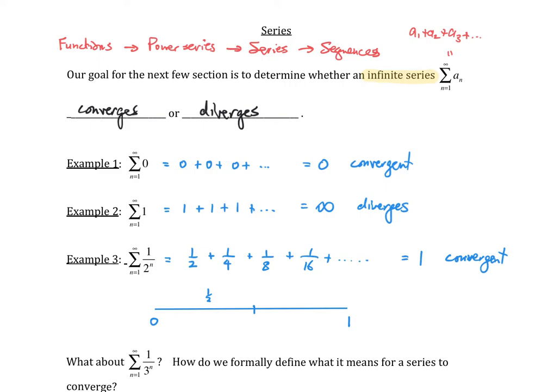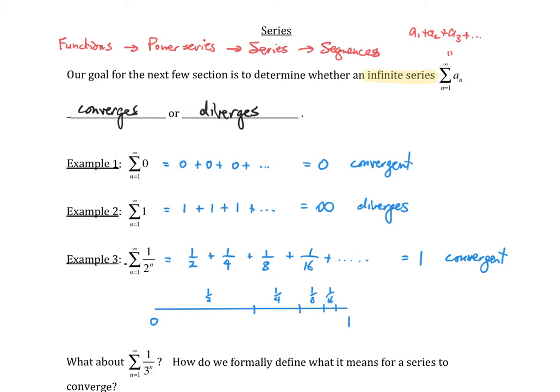And then in the second step, you go half of the remaining distance. So that's 1/4. And then in the third step, you go half of the remaining distance. That's 1/8. And the next step, you go half of the remaining distance, that's 1/16. And I hope you can see that if you keep cutting that distance in half more and more and more, you're going to eventually get to this number 1. You're never going to get there, but you're going to get closer and closer to 1. In other words, the limit is going to be equal to 1.